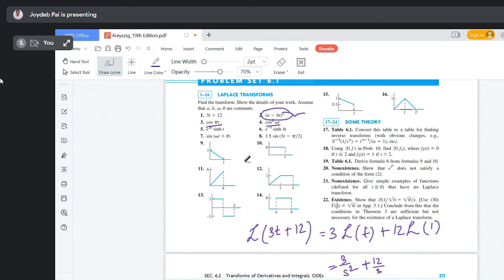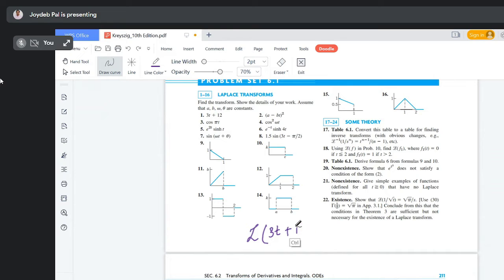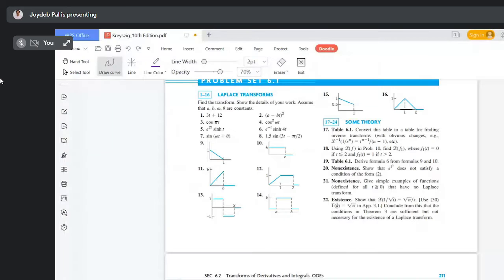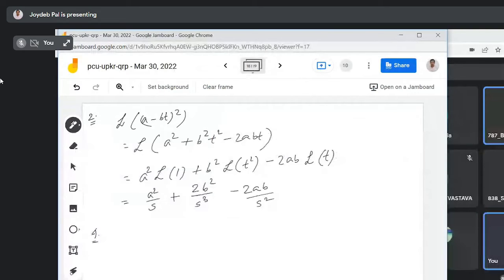And what about cos square omega t? I don't have any tabulated formula for cos square omega t. So any idea? Can we write cos square in terms of cos or sine?